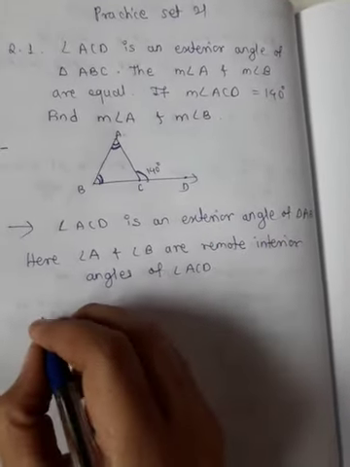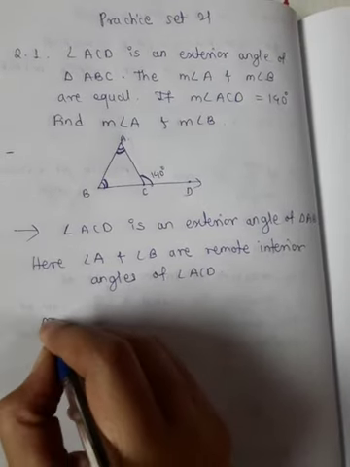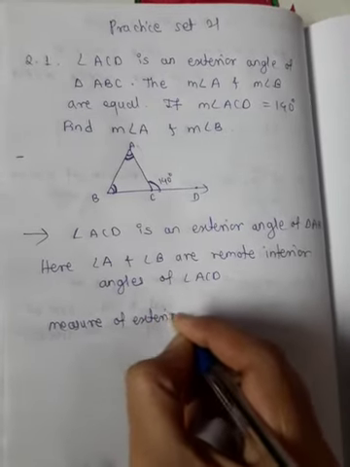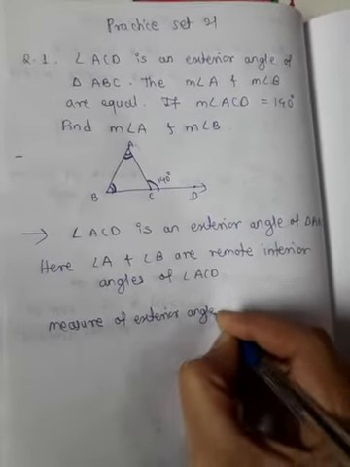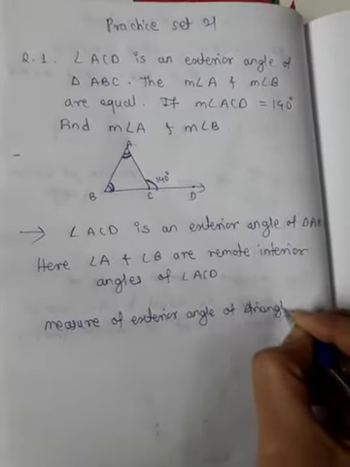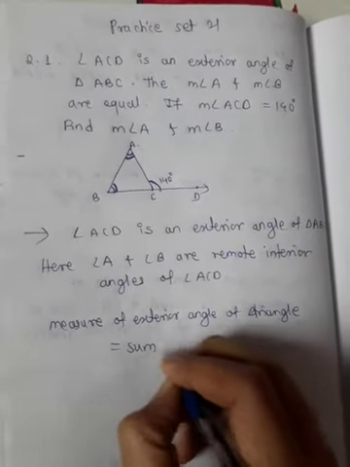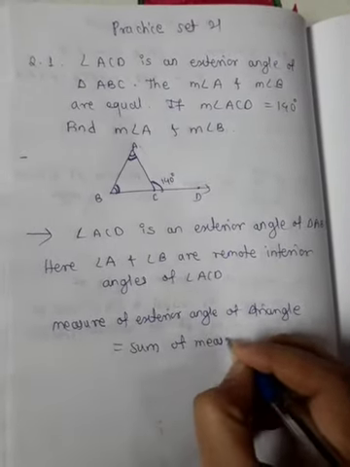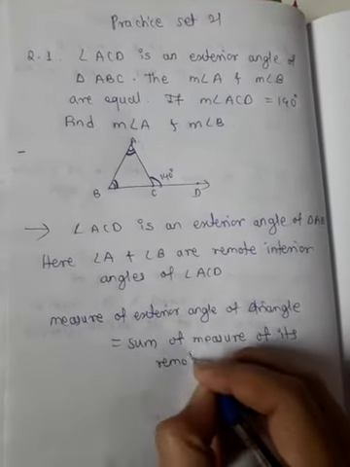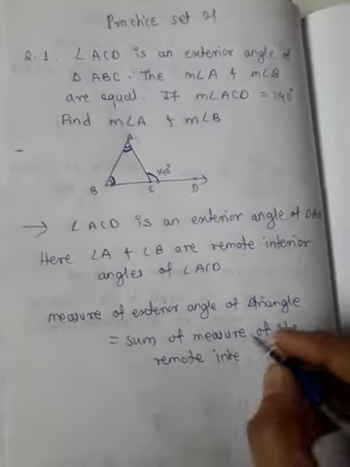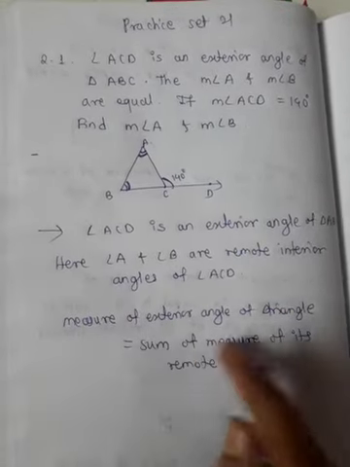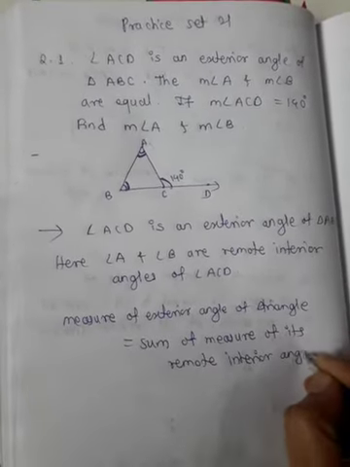What is it? The measure of an exterior angle of a triangle is equal to the sum of the measures of its remote interior angles. By the previous discussion, we know that the measure of an exterior angle of a triangle is nothing but the sum of the measures of its remote interior angles.